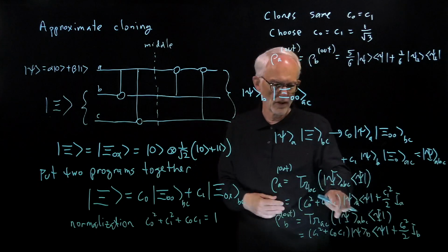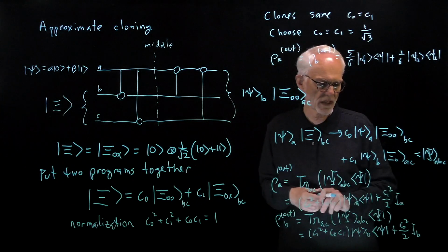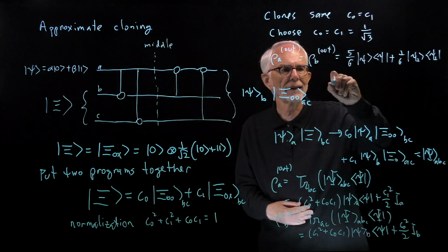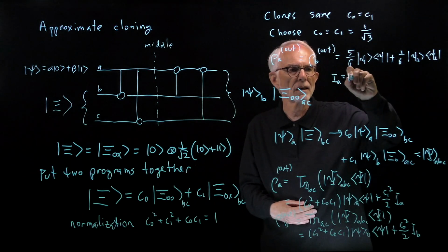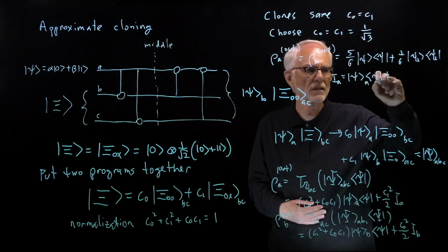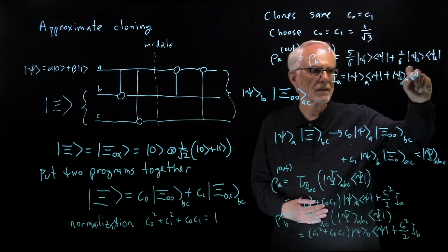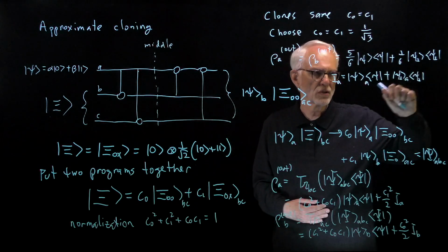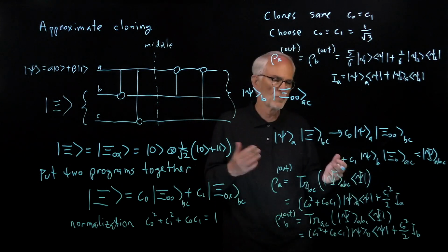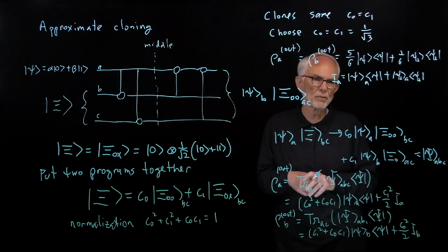So as I said, we have here a 2/3 times psi, and then a 1/6 times I sub A. The I sub A I can write as psi plus psi perp psi perp. So psi perp is just the state perpendicular to psi. We're talking qubits here, so there is only one state perpendicular to psi, so that determines psi perp uniquely.